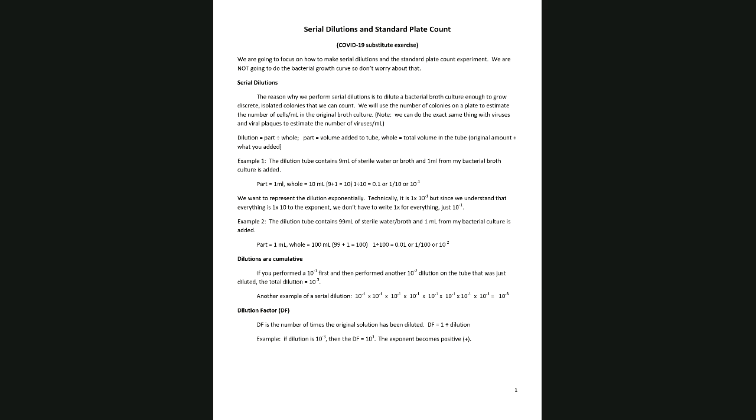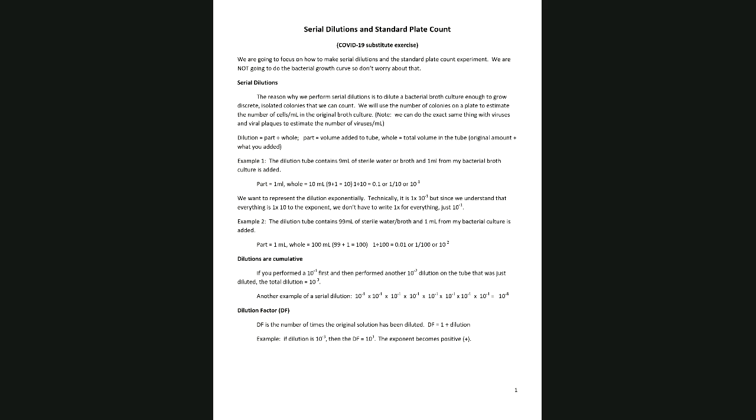Now, we can also use 99 milliliters of sterile water or broth to do a dilution. So if you add 1 ml into 99, that's 1 over 100. And 1 over 100 is 0.01, and then exponentially, that's 10 to the negative 2.